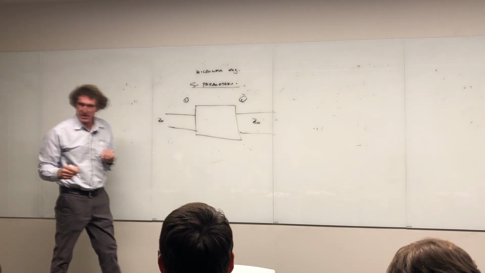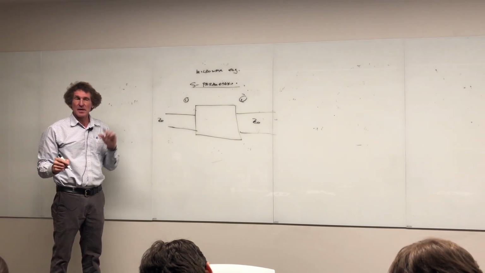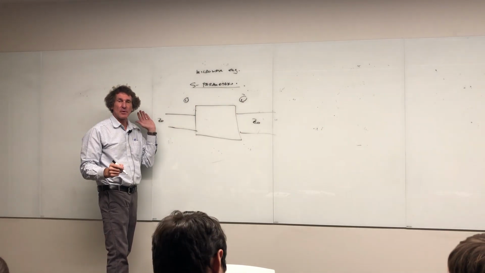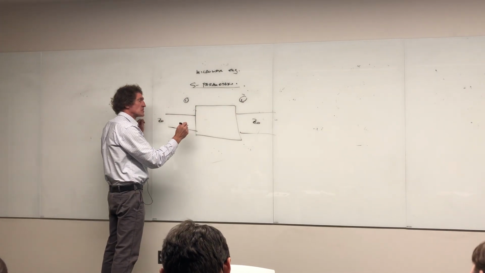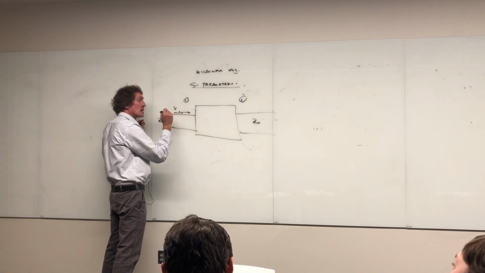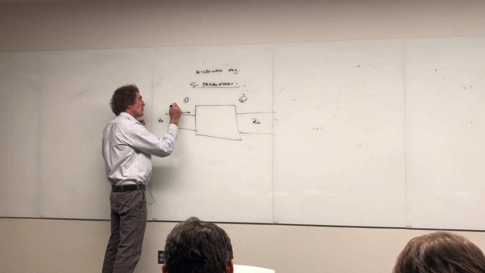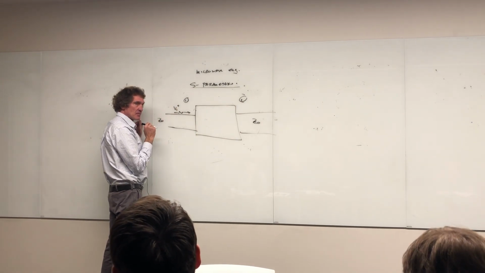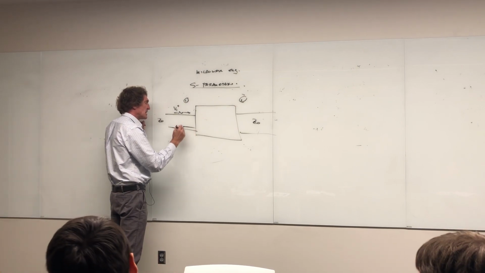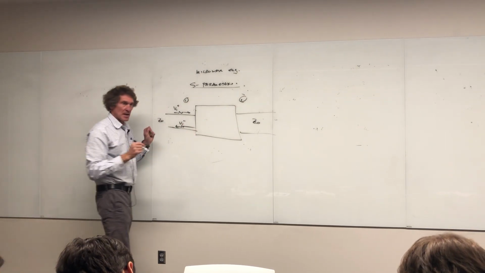If you have a transmission line, you have both forward and reverse traveling waves possible. So on this port, any wave going into port 1, a voltage, will be called V1 plus. It's moving in, it's got a frequency. There's also a wave moving in the opposite direction. That's called V1 minus. That's coming out of the port.